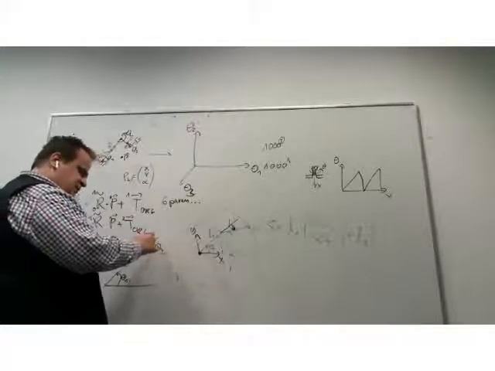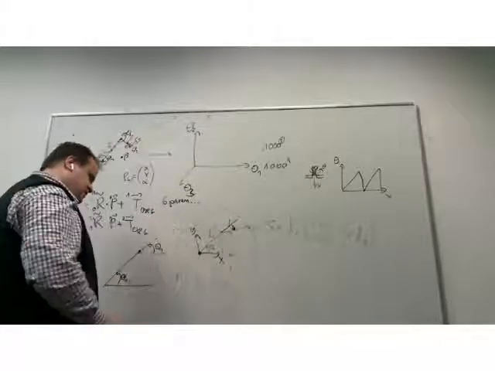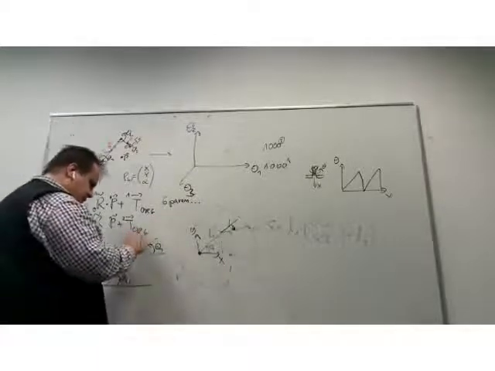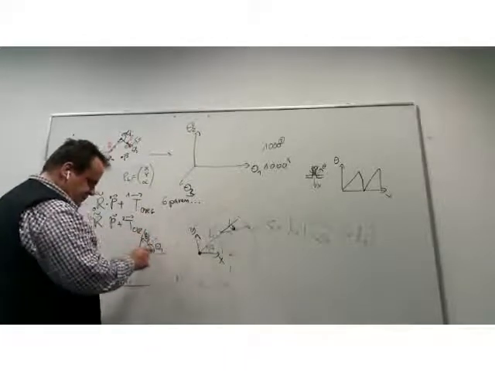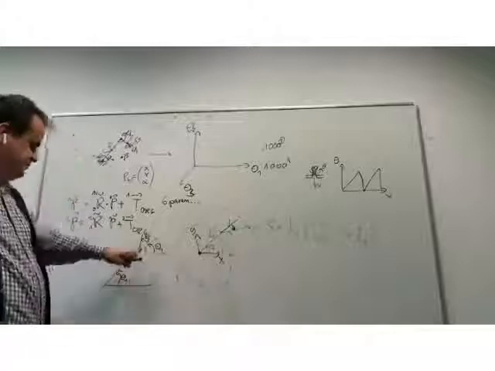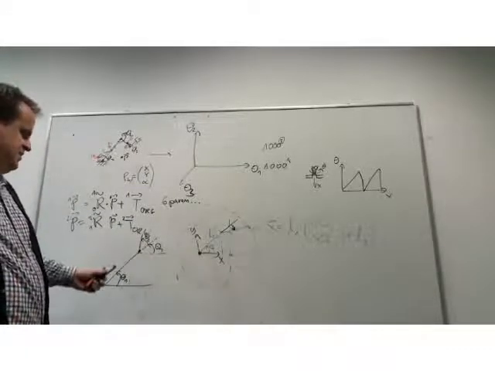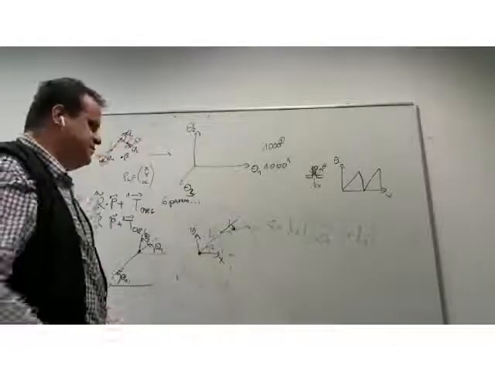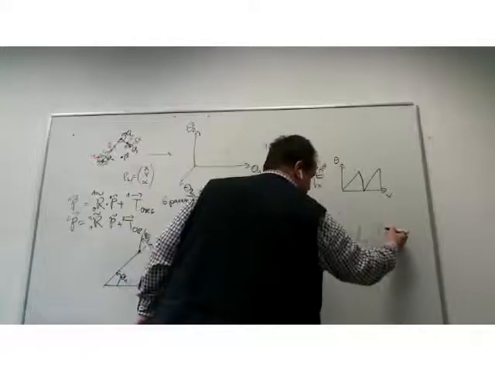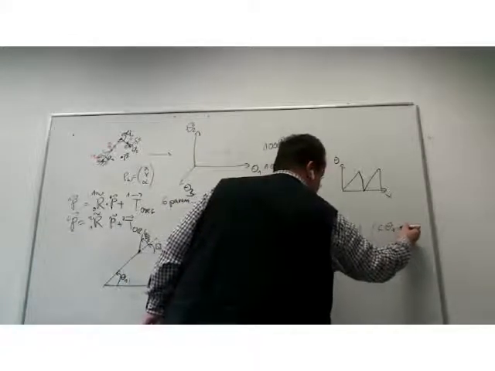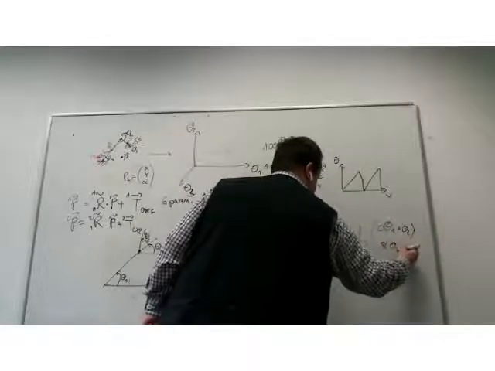If theta 2 is 0, then it will be only theta 1. In the other case, the orientation of this line to this point is theta 1 plus theta 2. That means to this point, I need to add now L2 times cosine of theta 1 plus theta 2 and sine of theta 1 plus theta 2.